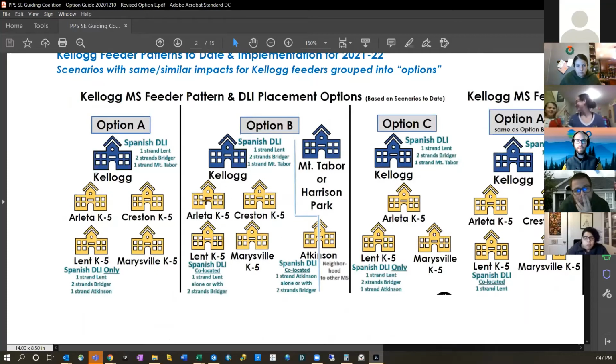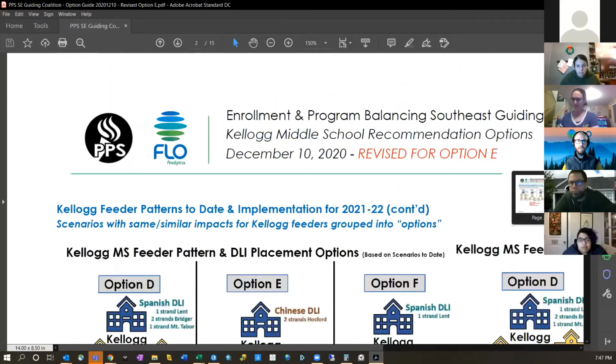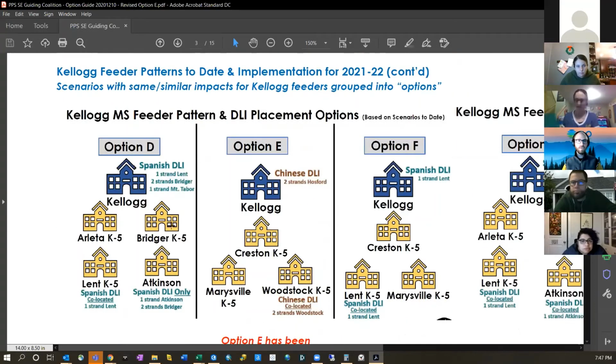Option B, that's Arleta, Creston, Lent, and Marysville. For option C, you see that Creston drops off from that group. And with option D, you are swapping in a couple of schools. So Bridger is making an appearance here as a neighborhood school, and Atkinson is actually a Spanish DLI only that feeds up. So that's the story with those 3.